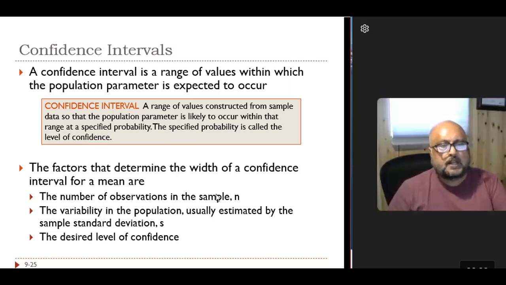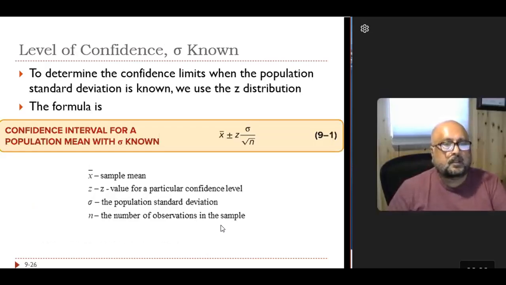Okay. So various factors we have to consider here: the number of observations, like the sample size, the standard deviation, the dispersion, and the level of confidence. The formula has two conditions: if the standard deviation is known, or if it's not known.